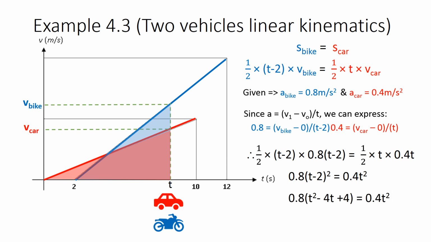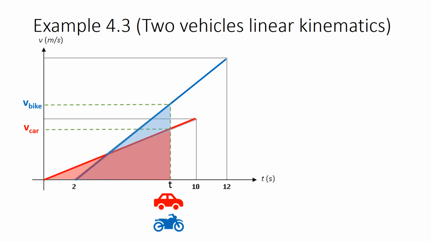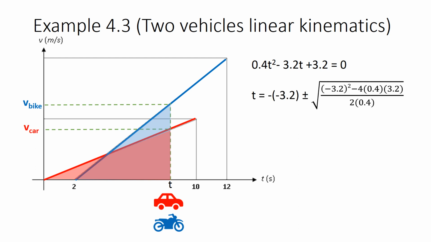And through simplification, we will arrive at a quadratic equation. And how do we solve a quadratic equation? Well, all we need to do is to apply the quadratic formula. So by applying the quadratic formula with the known values, we will arrive at two answers. Time equals 6.83 seconds or 1.17 seconds.